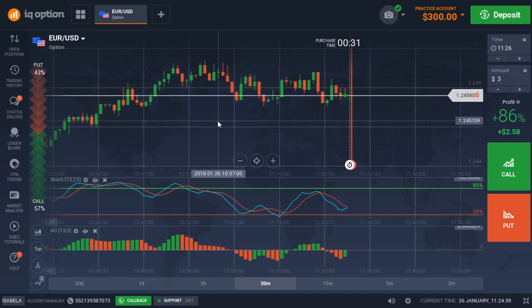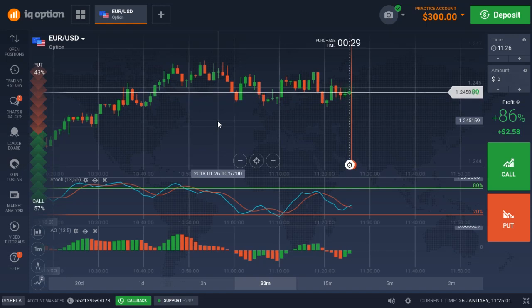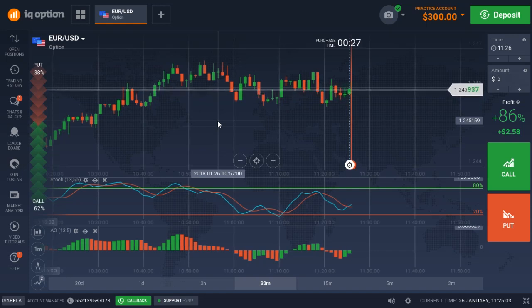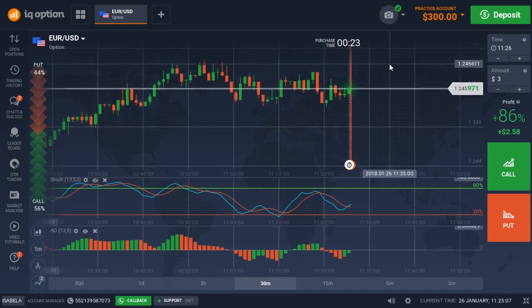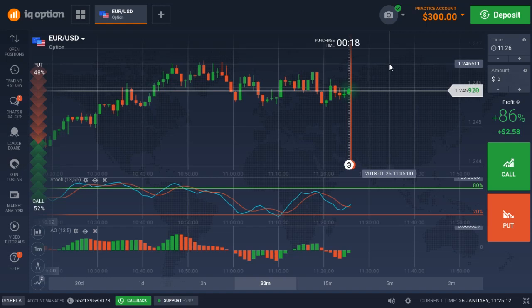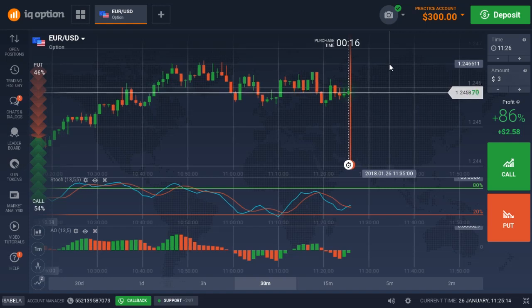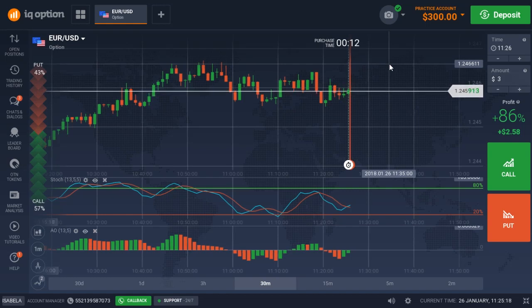Okay, another thing that you have to set up before starting to trade is, as I told you before, this is a strategy where you have to have at least a $250 initial deposit in your account, so you won't be greedy. I'm not going to go into that any further.